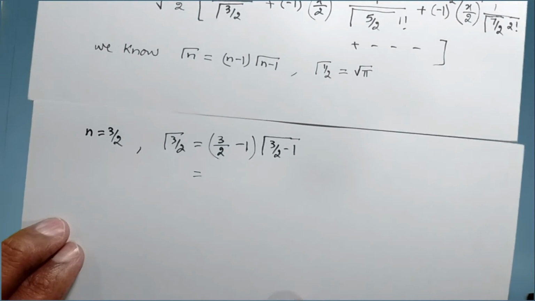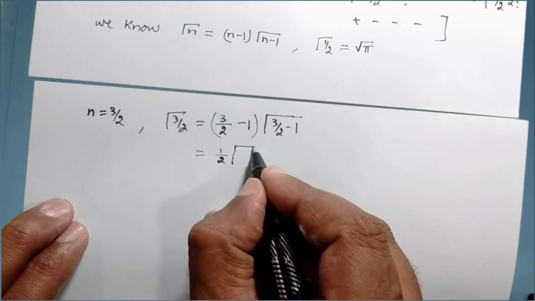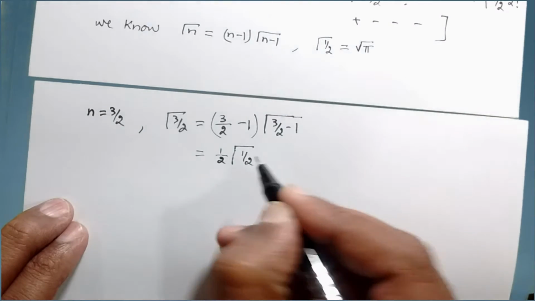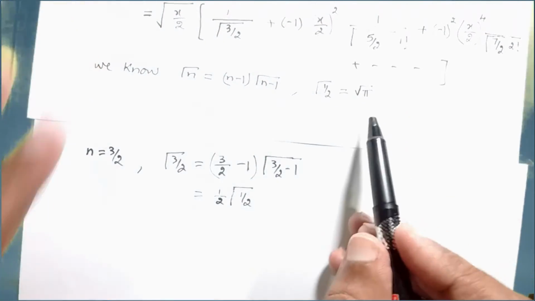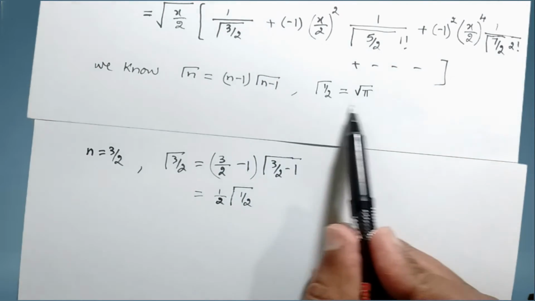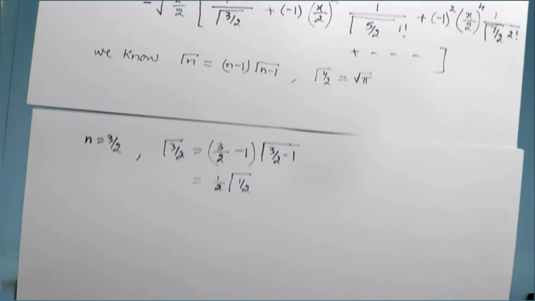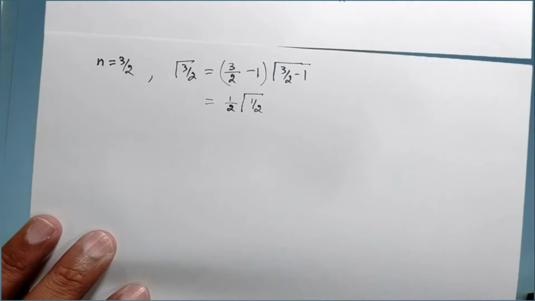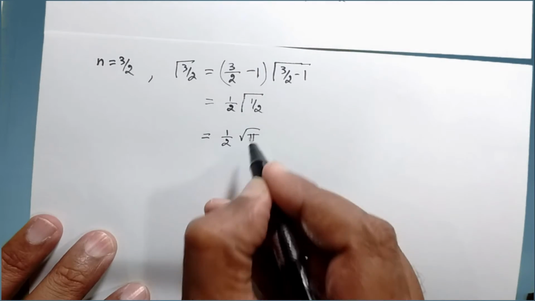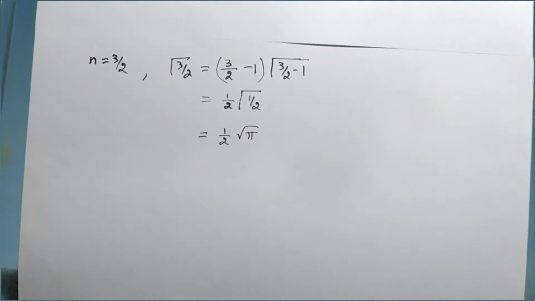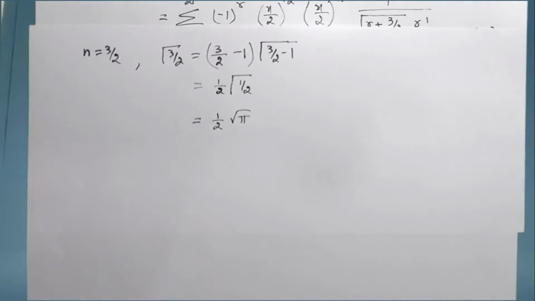So 3 by 2 minus 1 will become 1 by 2. So 1 by 2 into gamma of 1 by 2. But what is gamma of 1 by 2? I have told you gamma of 1 by 2 is square root of pi. So using that, it is half times square root of pi. So we have got the value of gamma of 3 by 2.